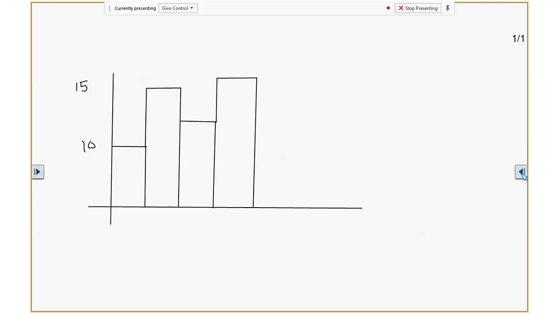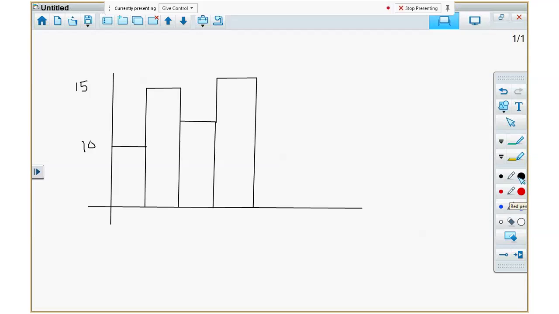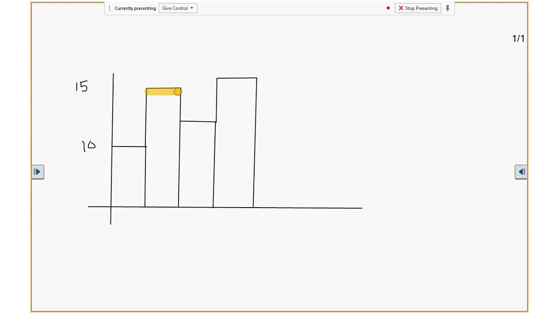Now, if I take this guy right here, and I cut it off right there, and I stick it right in here. I done messed it up.